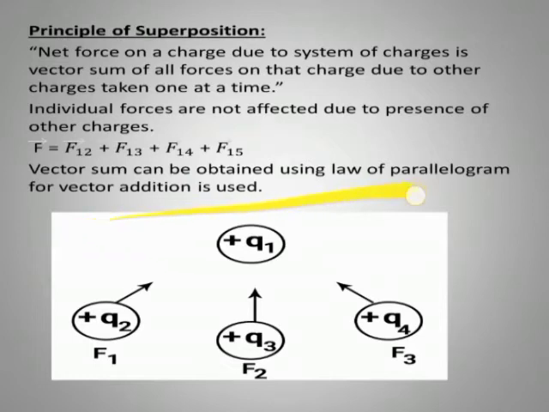So the whole metal plate, if I consider, as you add all the forces, you get the net force on a charge due to the system of charges. Hope I made it very clear to you what the principle of superposition is.